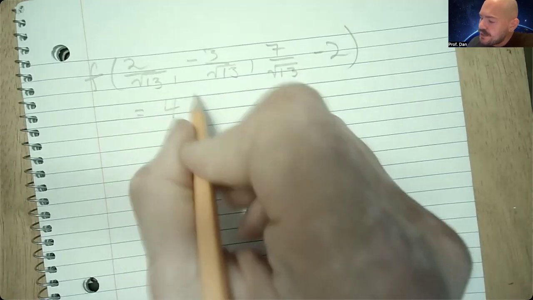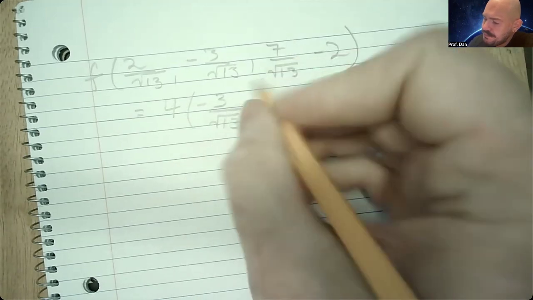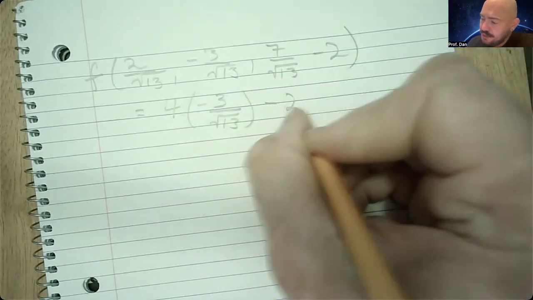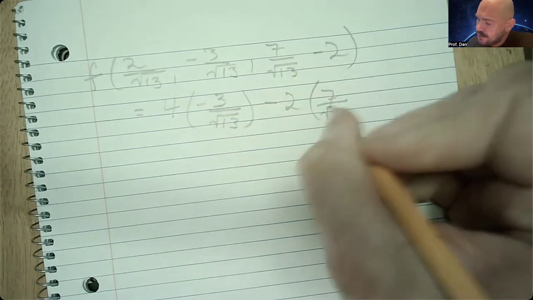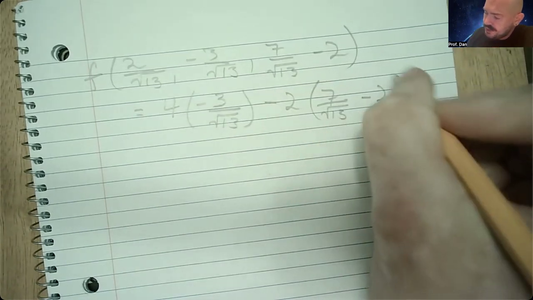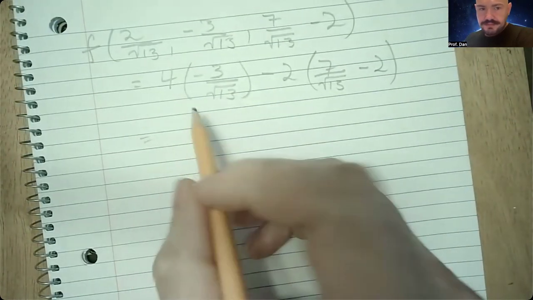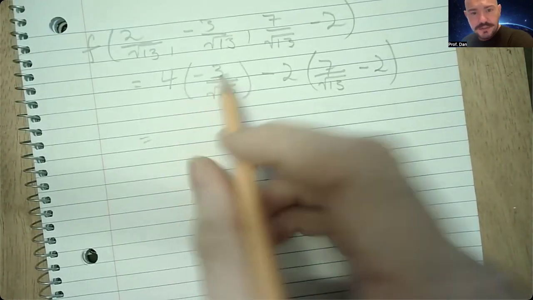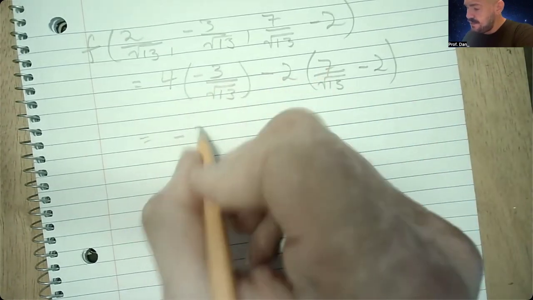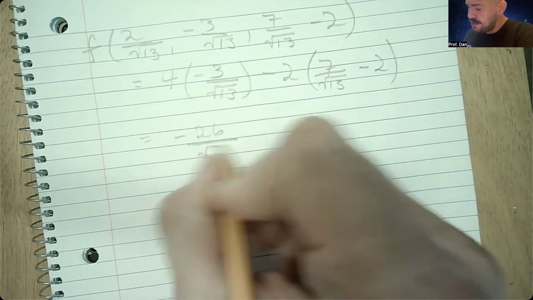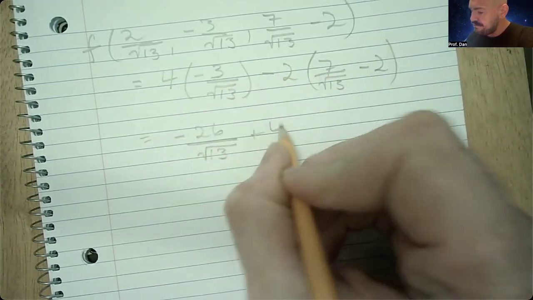So we would get 4 times negative 3 over square root 13 minus 2 times all this guy. So 7 over root 13 minus 2. So multiply that, I get negative 12 minus 14. So negative 26 over the square root of 13 plus 4.